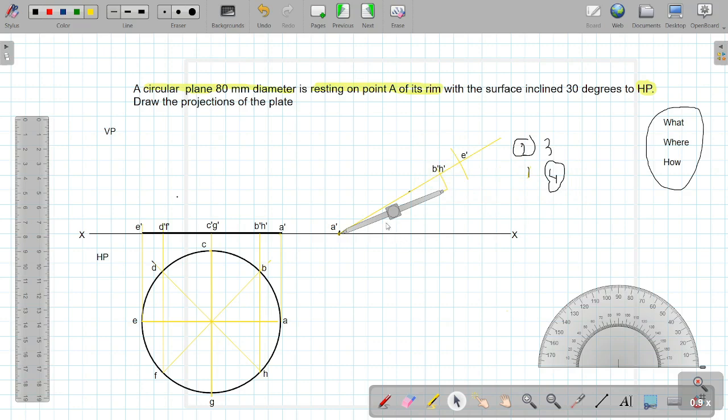Now next is C and G. Again I will take the distance from point A to point C and G, keeping at point A and marking an arc on this line. So this is C dash and G dash.